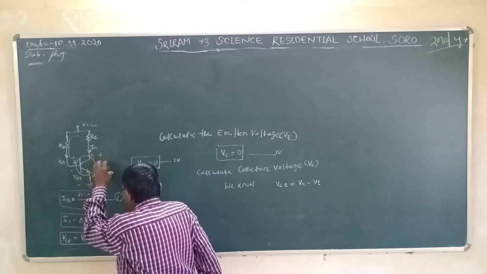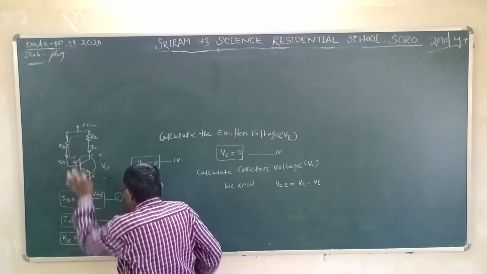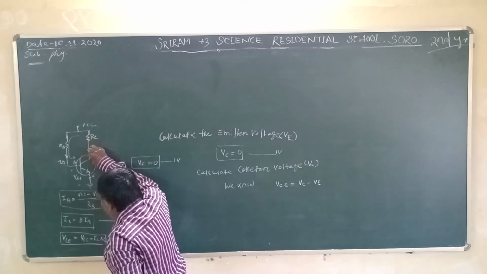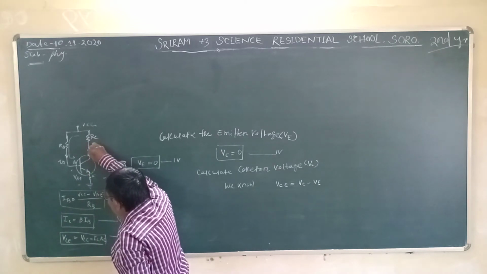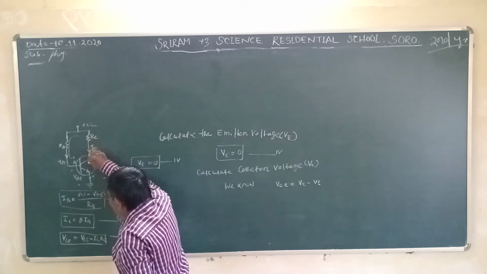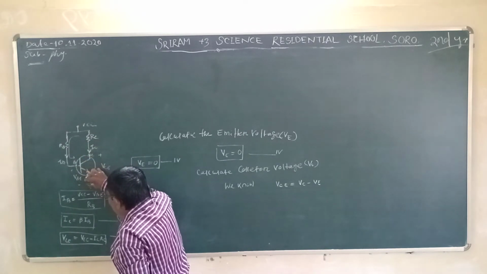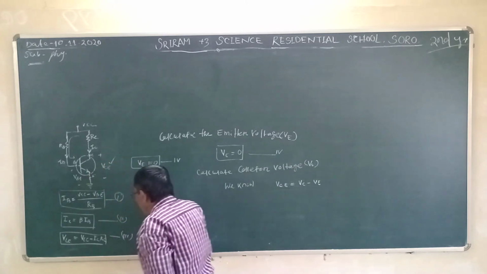When we find this voltage, VC is the collector point voltage and VE is the emitter point voltage. We subtract the emitter voltage from the collector point voltage and we get this voltage.